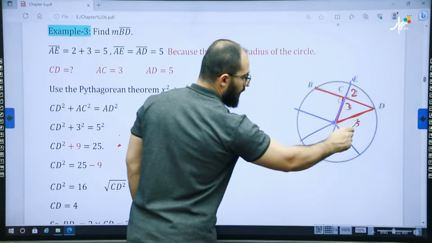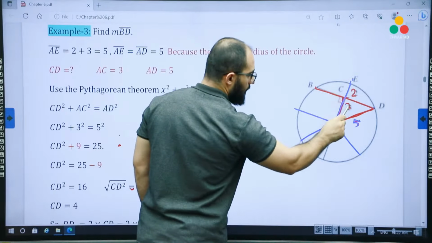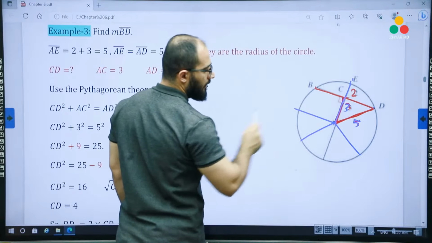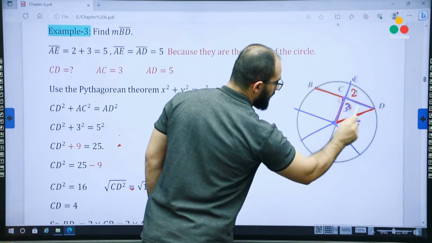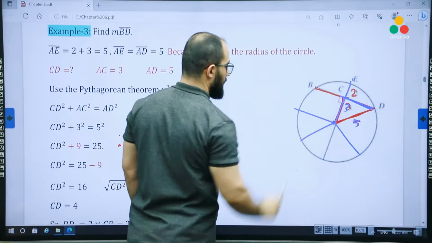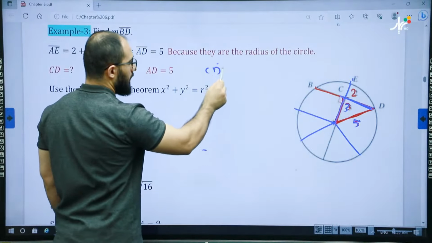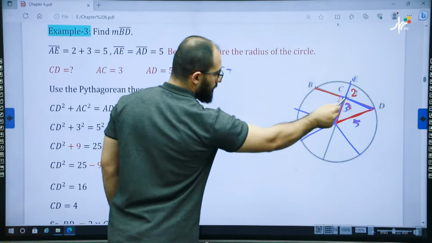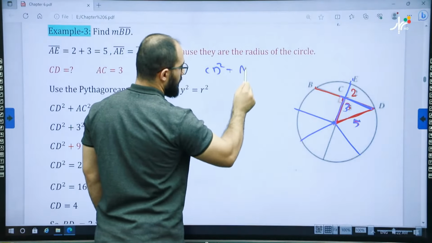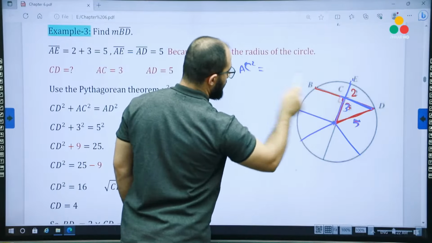Right now the hypotenuse is 5 and we have y is 3. Then we are going to find that part, which is CD. By the theorem, CD squared plus AC squared is equal to AD squared.